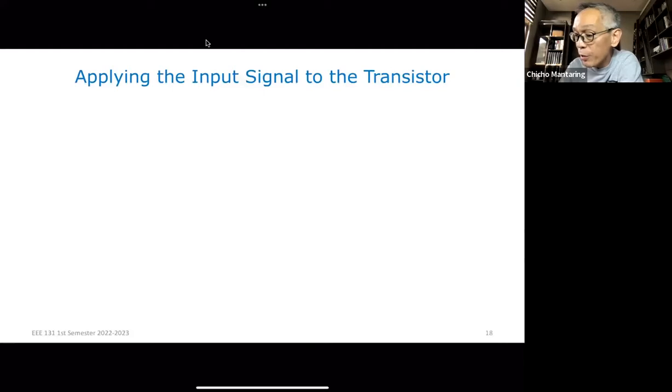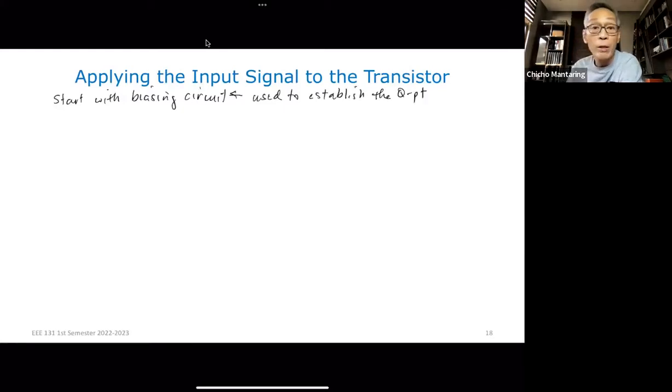So we always start with the biasing circuit. This is used to establish the operating point, the Q point or the operating point.